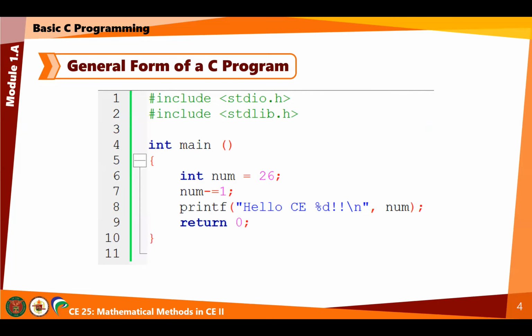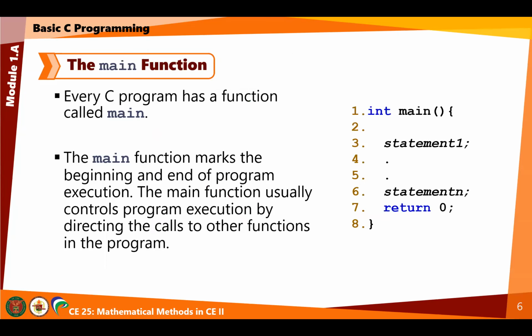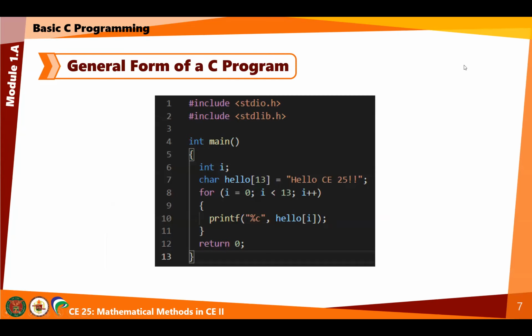So you are assigning, you are saying to the compiler na, hey compiler, num is equal to 26. Okay? So after this line, after line 6, num is now equal to 26. Okay ba? Apo. Yes. Okay.